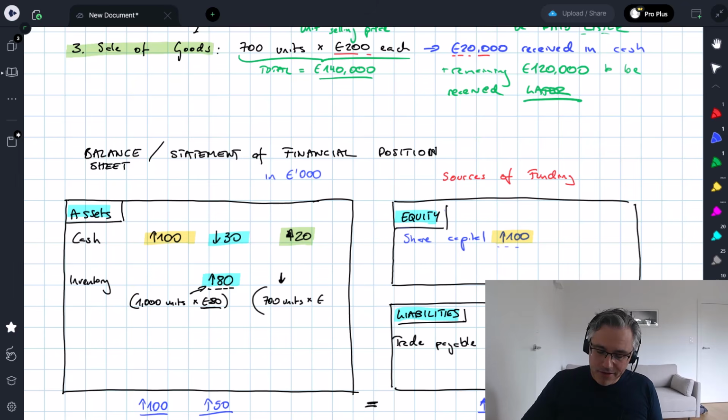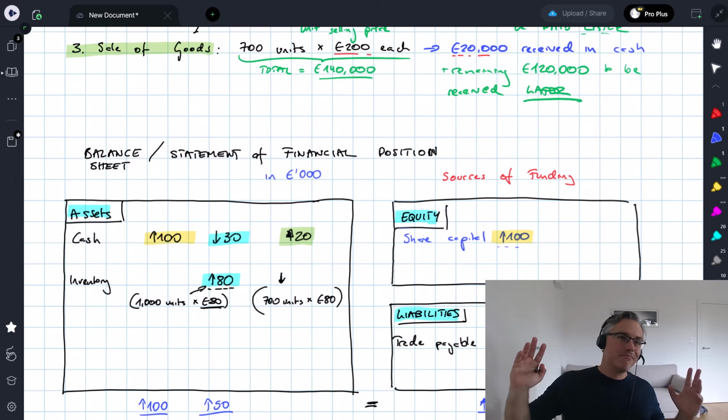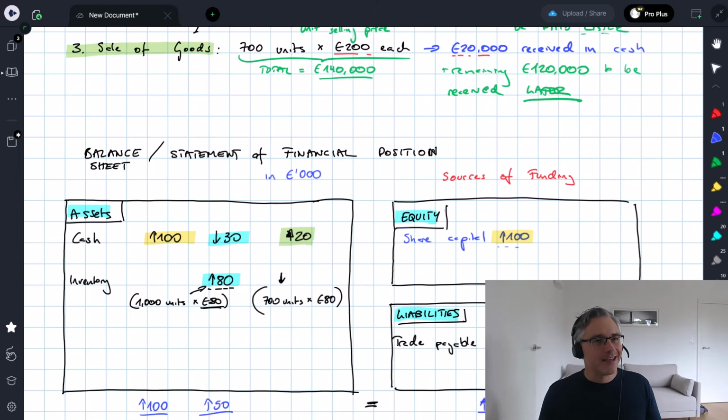So if we previously accounted for them at a cost of 80, we now have to release them, remove them, or as we say, very professionally in accounting, de-recognize the inventory, i.e. remove it from the balance sheet to account for its departure from the company at the same cost level 80.